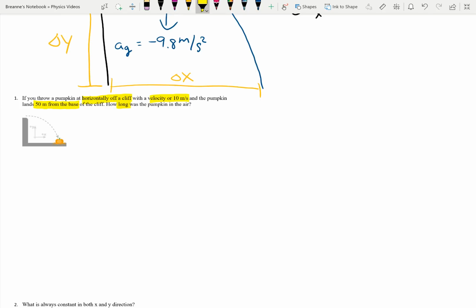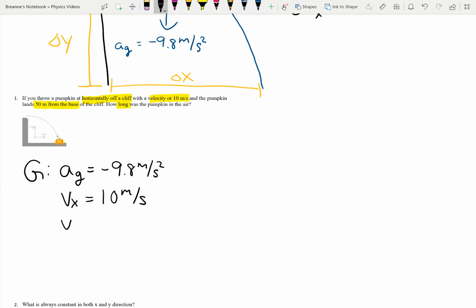So let's write down our givens. You always know that acceleration due to gravity is negative 9.8 meters per second squared. It's being thrown horizontally off the cliff, so your velocity in the x is 10 meters per second. And since it's being launched horizontally, you know your initial velocity in the y is 0.